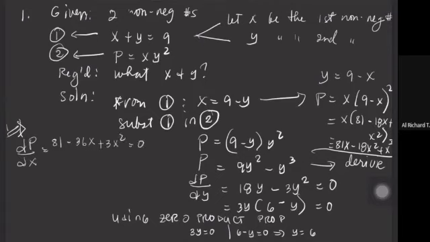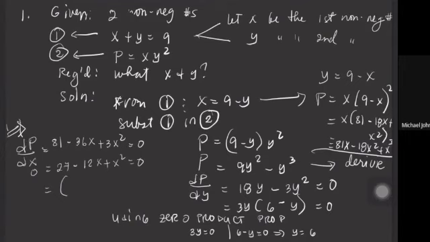Equate that to 0. This is divisible by 3. So 81 divided by 3? 27. 27, very good. Minus, this is 12x, plus x squared equals 0. I think this is factorable.